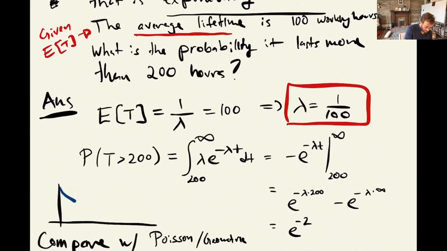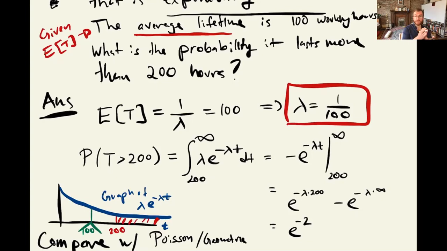This is my graph of lambda e to the minus lambda t, and this is the time axis. And now I'm asking, what's the probability of 200 hours or more of working time? You can imagine that the balance point, where my expectation is, might be somewhere around here. So I need to compute the area under the curve to the right of 200.